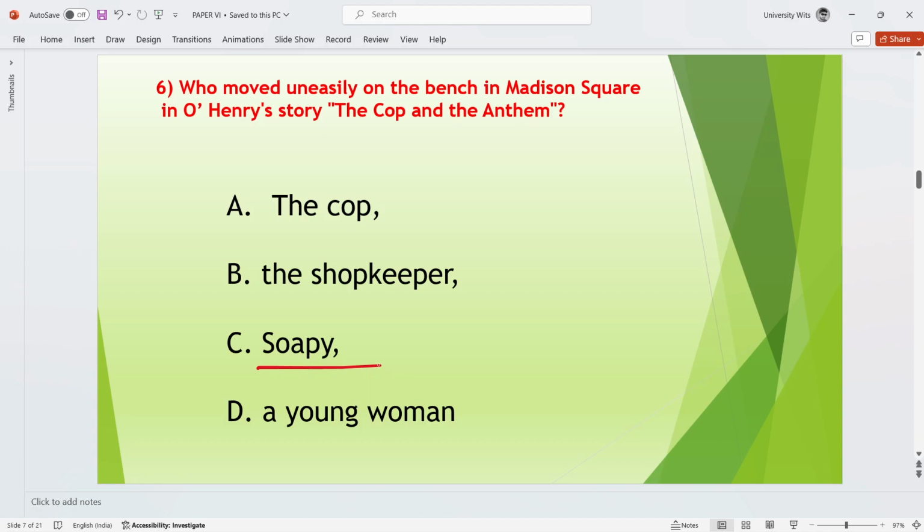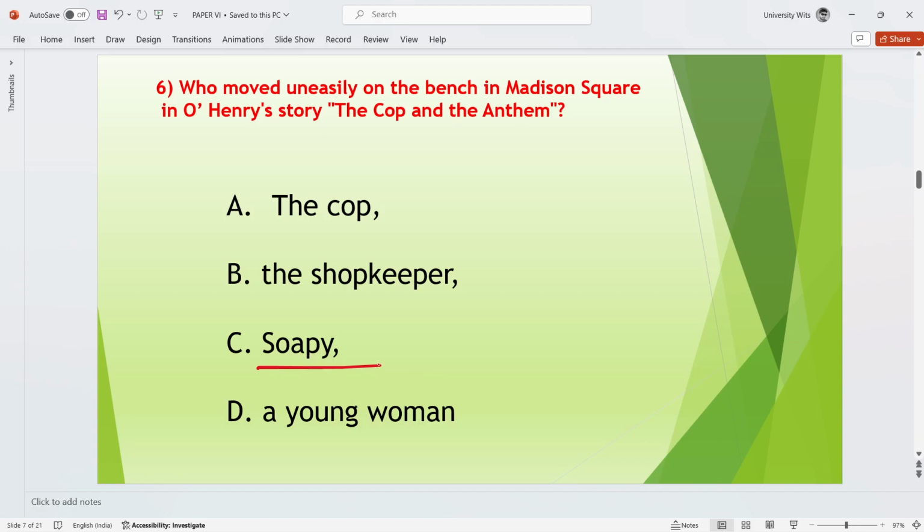Actually, these characters are not mentioned moving uneasily on the bench at the beginning of the story, while they might appear in the narrative, and the focus is on Soapy's plight. So basically, Soapy is the correct answer.